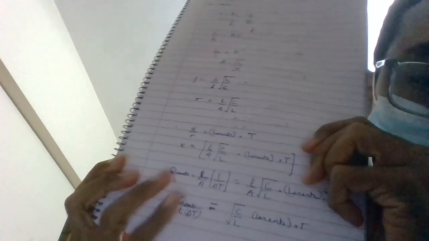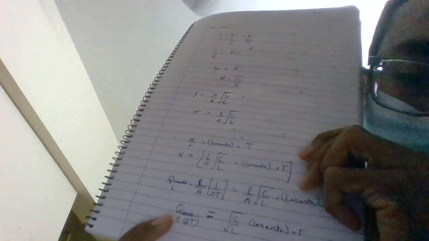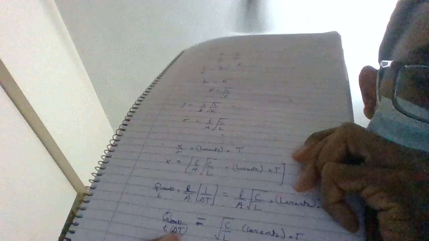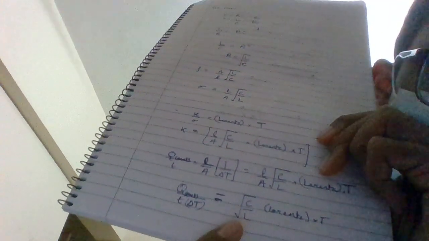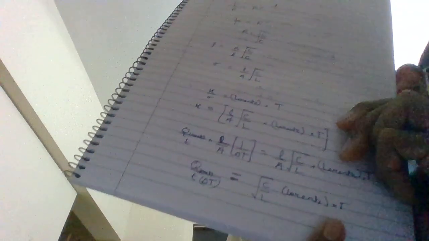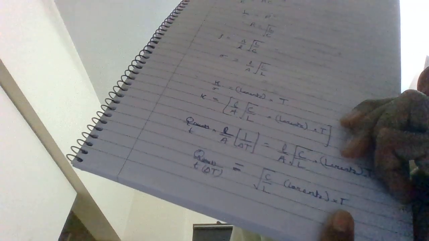So if we put this forth, we'll get Q, being heat, upon T times delta T, which is also equal to under root C by L times the Lorentz constant times absolute temperature. Now, I don't know why I even did that one in the first place. I don't think that was even related, but I just wanted to show you something, that's all.